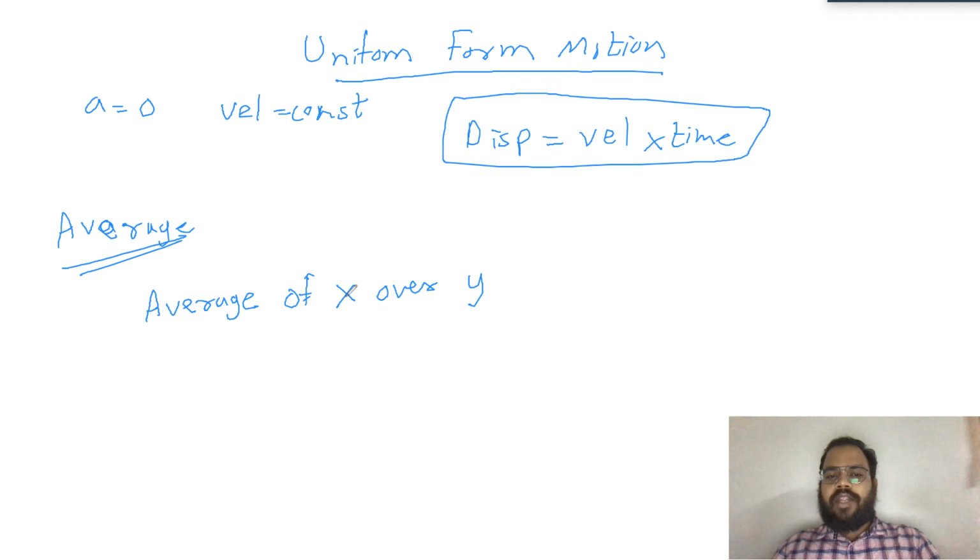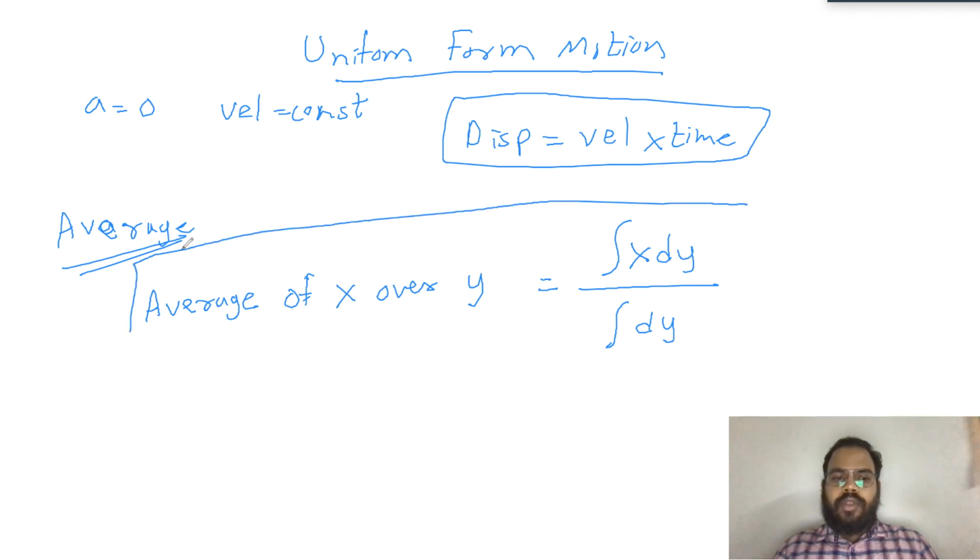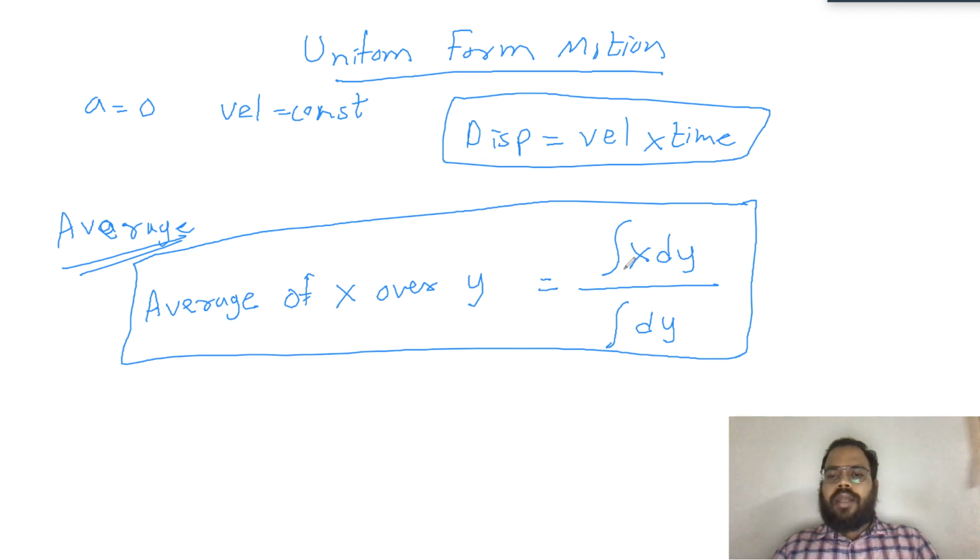The average of x over y is given by integral x dy divided by integral dy. Just remember this.